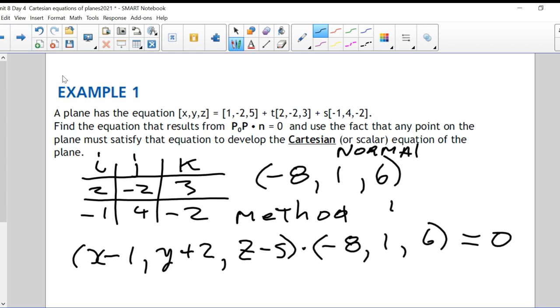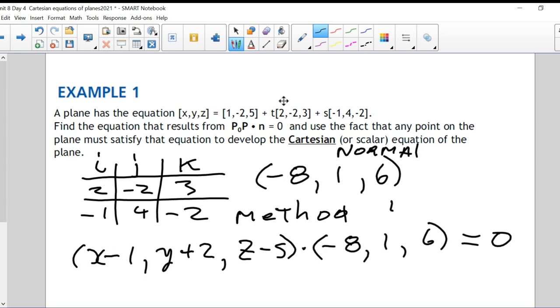So I'm taking generic x and minusing the x coordinate because I'm trying to get a vector that runs between these 2 points. That's really all we're doing, right?